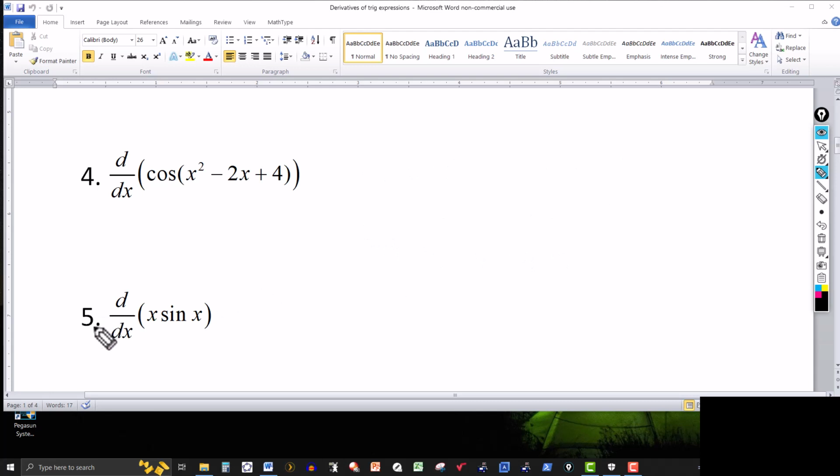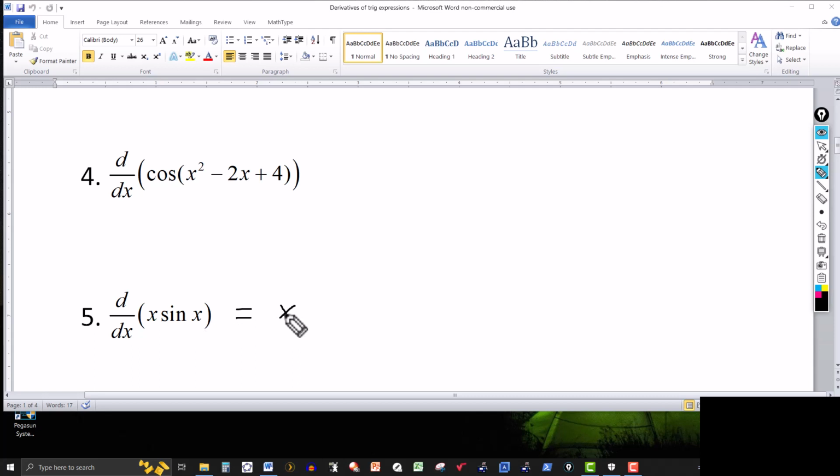Now for number 5, we have the derivative with respect to x, as it is for all of them, of x times sine of x. So this is the product rule. And the product rule, of course, tells you that if you have the derivative of a product, say two functions, it's the first one times the derivative of the second. So this would be x times the derivative of the second, sine x.